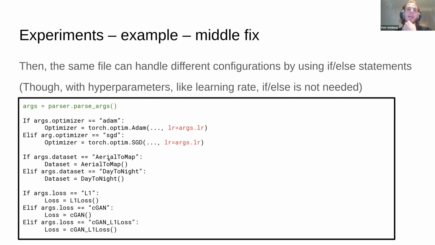Or if our dataset is area to map, let's use area to map. Or if args.dataset equal day to night, let's use day to night. So through if-else statements, we would be able to have the same .py file, which can be configured through this argparse. And hyperparameters can be configured via args or stuff like this.